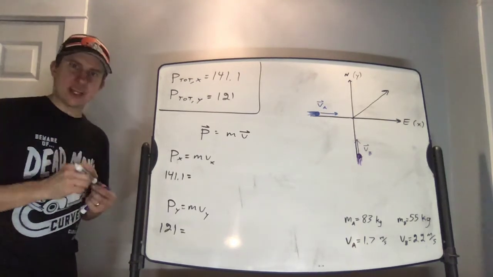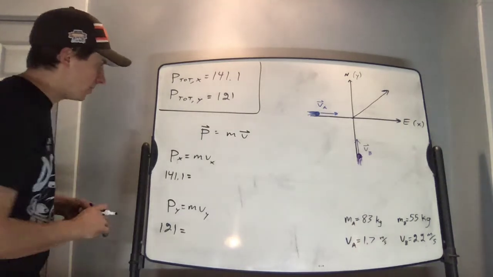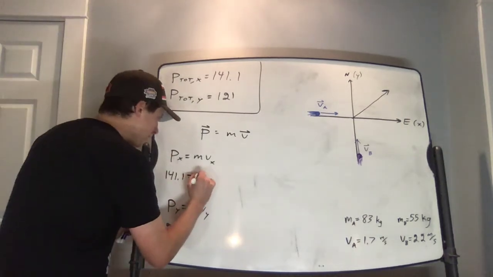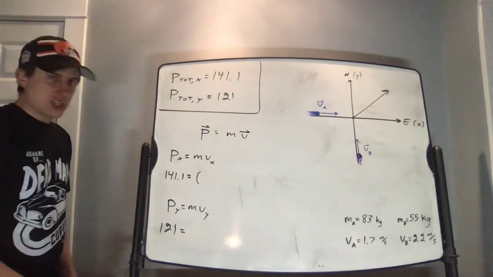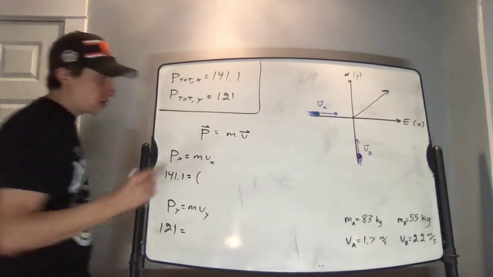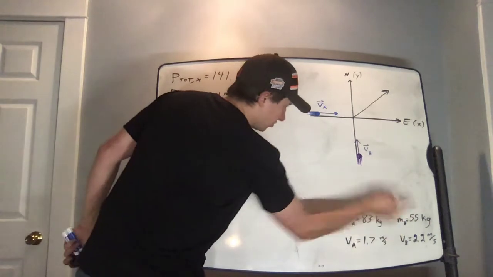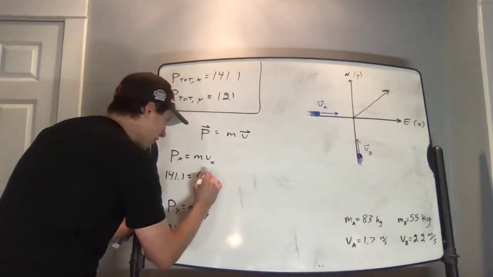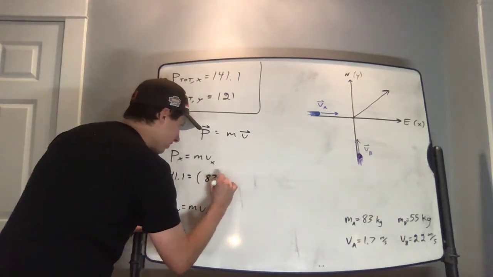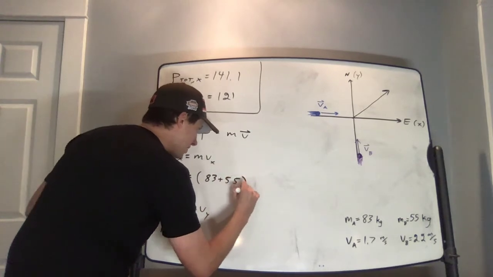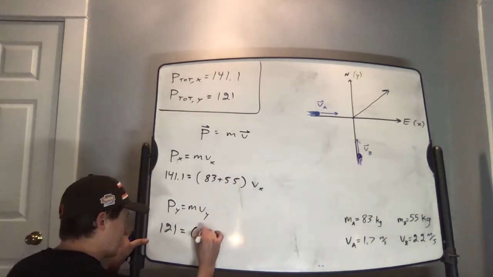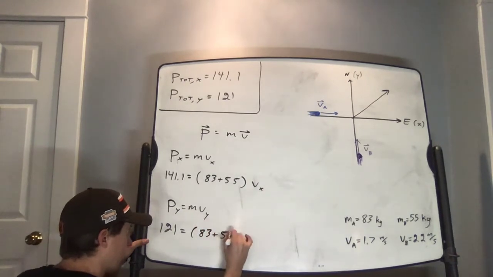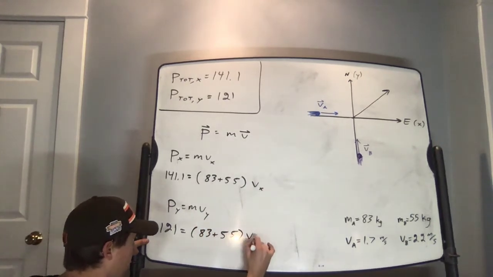And that also is a valid way to think about this problem. So the mass of the skaters after they collide, I'm going to treat it as a single object of mass 83 plus 55. So I'll write this as 83 plus 55 Vx, and I'll write this as 83 plus 55 Vy.